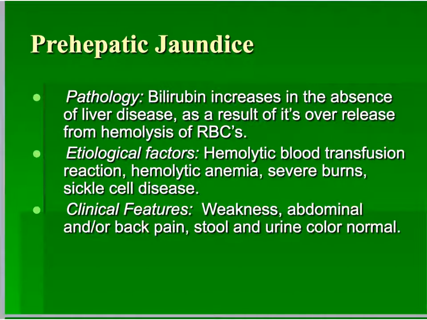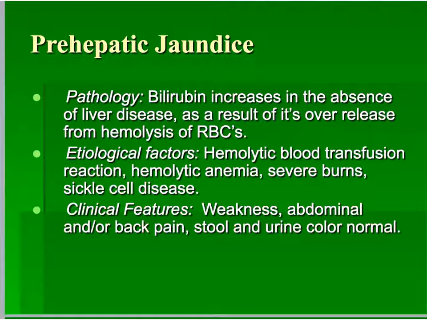But in terms of prehepatic jaundice, right now we see bilirubin increases in the absence of liver disease. So now bilirubin is increasing, but it's not because of liver disease. It's because of too much breakdown of red blood cells.